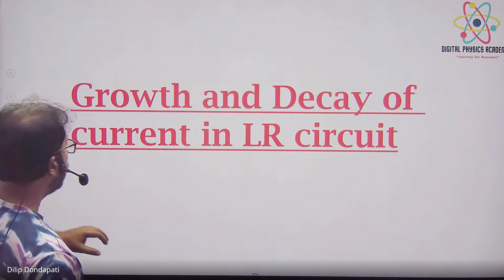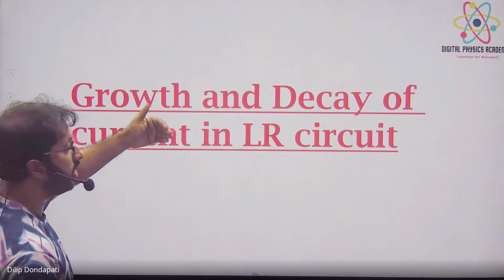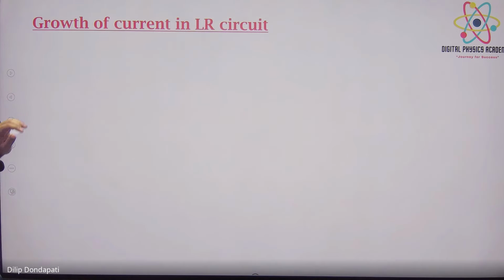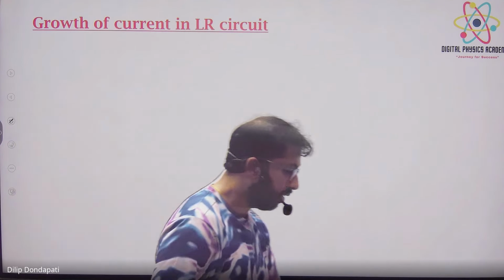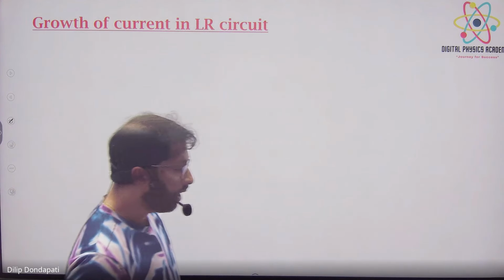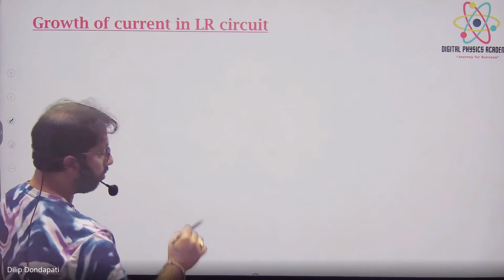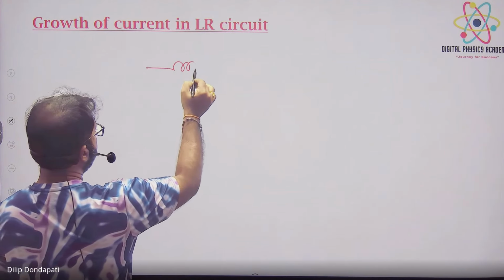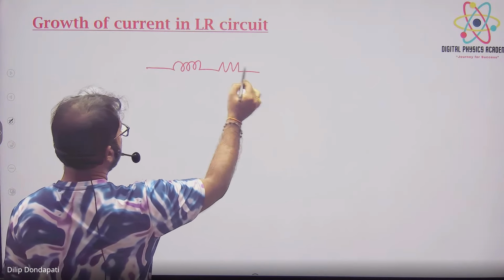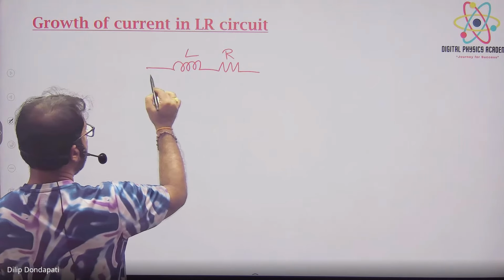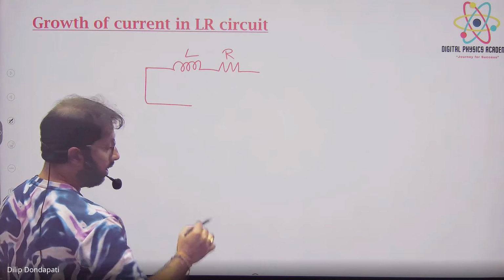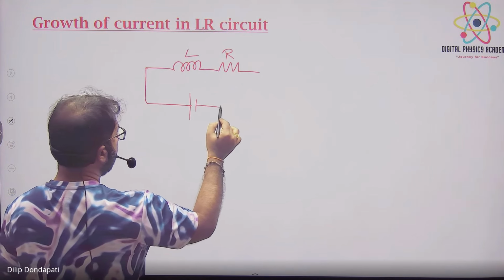So we are seeing how the current is increasing or decreasing. First we'll study growth, and then decay, of the LR circuit. In growth of current in an LR circuit, there is an inductor with inductance L and a resistor R, connected with a battery and one key.